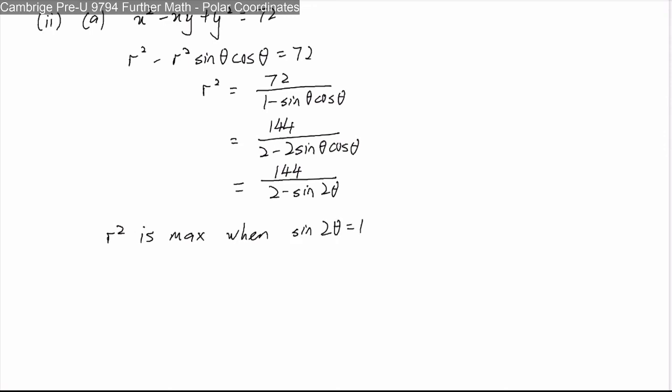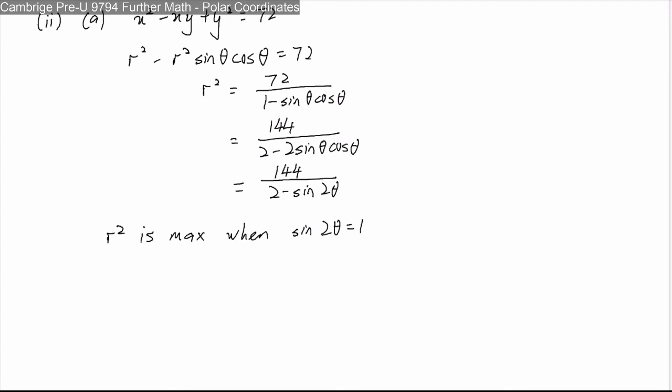Okay, it cannot be negative 1, because if we have sine 2 theta is negative 1, we have 2 minus negative 1, which is 3. So the denominator is higher already. If we have a higher denominator, it means the r squared value will be lesser. So we want to have the least value in the denominator. So this will happen when we have sine 2 theta equals 1.